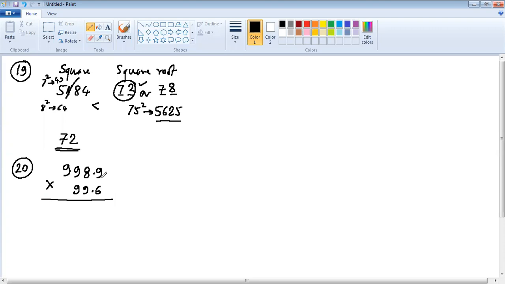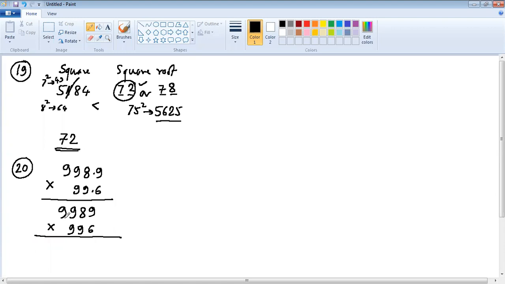So one decimal place is a 1, 1 plus 1. Two decimal places you have to take from the right after solving. So now, if you consider a number without decimal point, the question becomes 9989 multiplied by 96. Now there is still a problem because this is a base 10,000 and this is 1000.